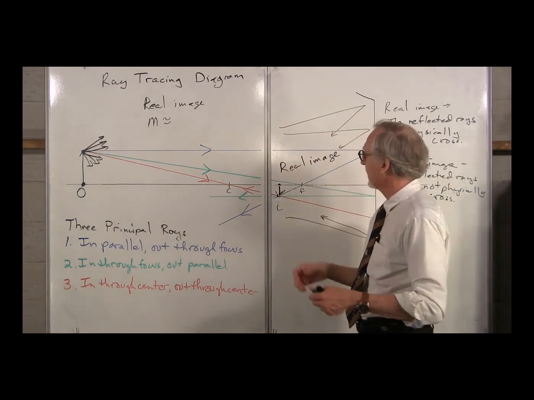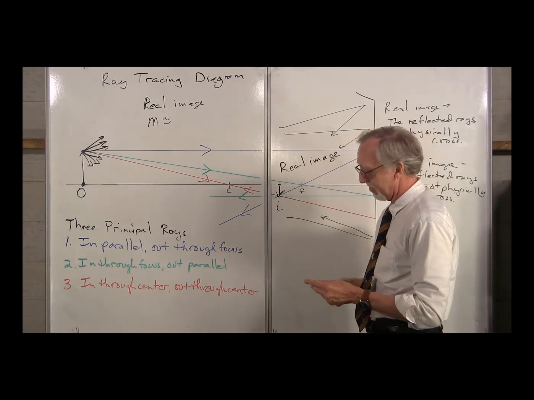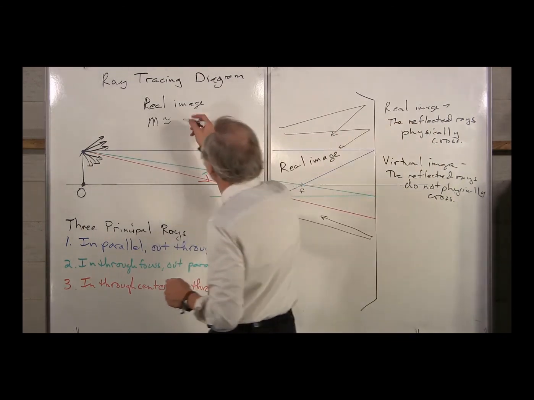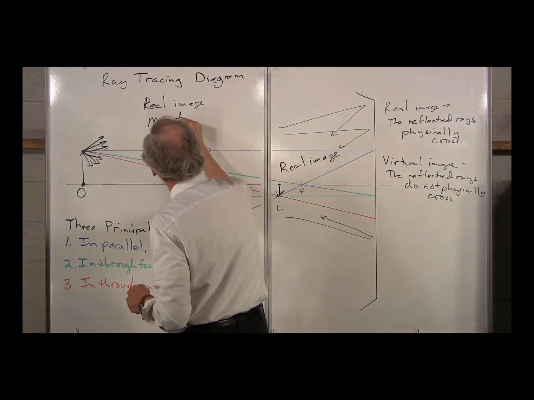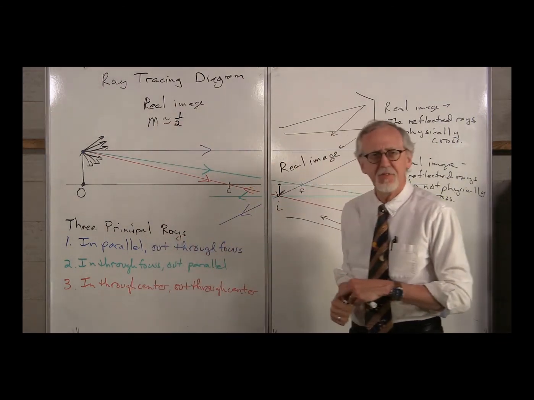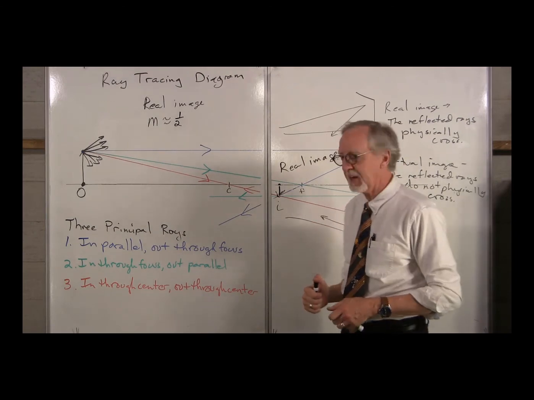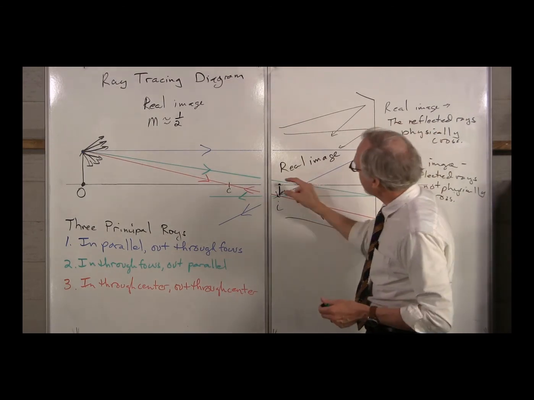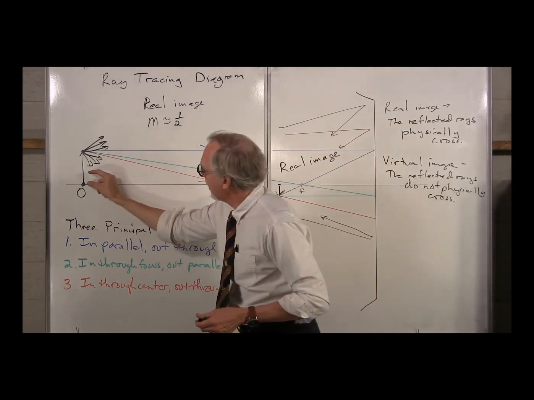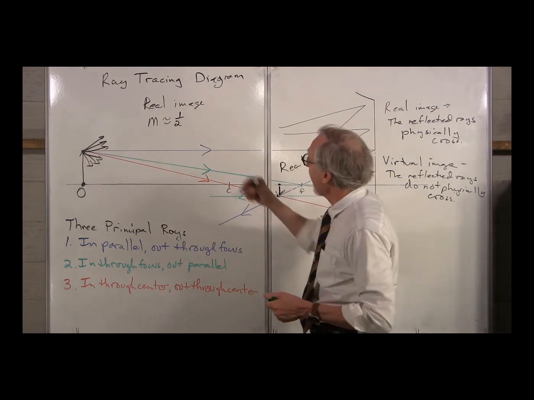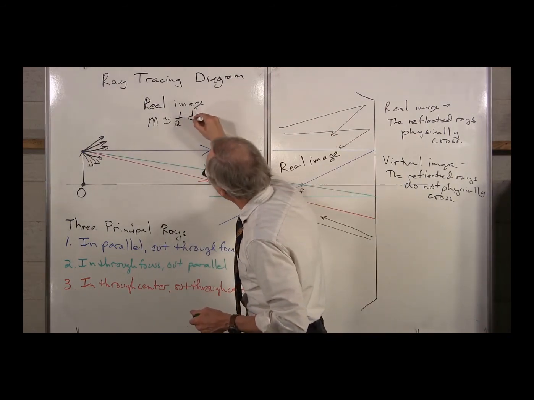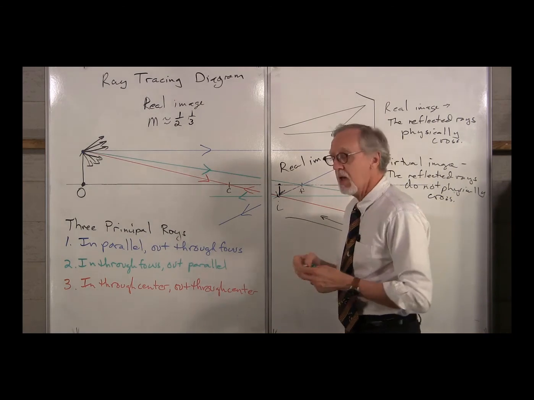We maybe will approximate it by, let's say, a half. So we'll say the magnification is about a half. We don't have to worry about significant figures here because it's just an approximation. We're trying to estimate. A half or a third, something like that.